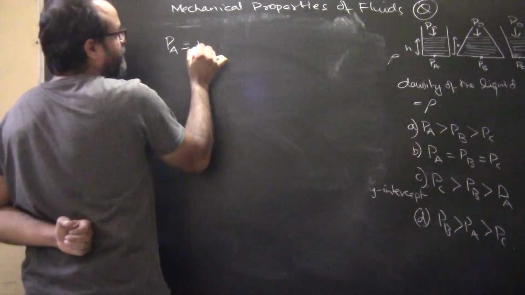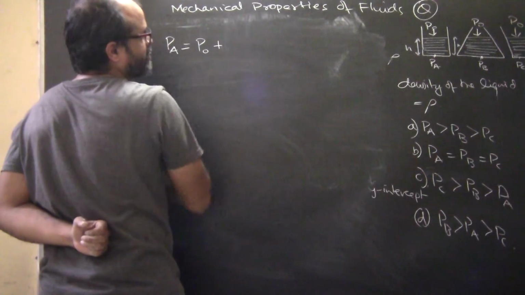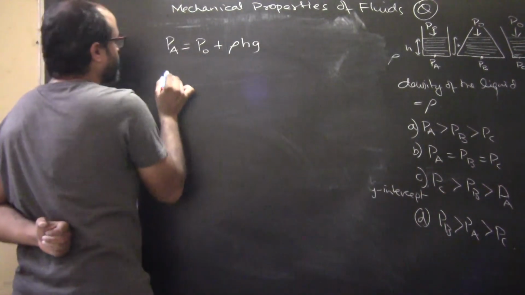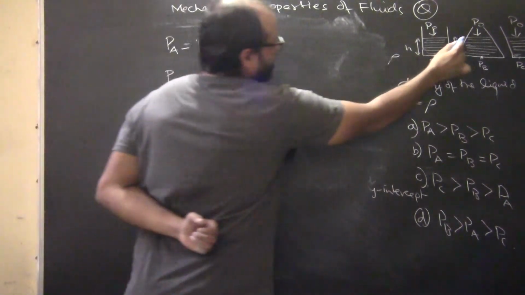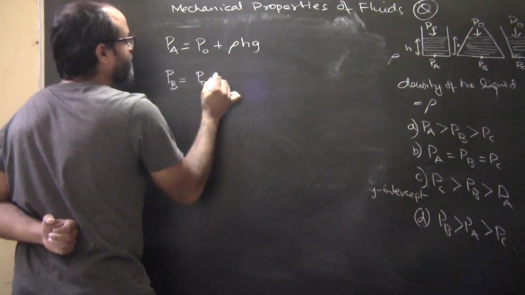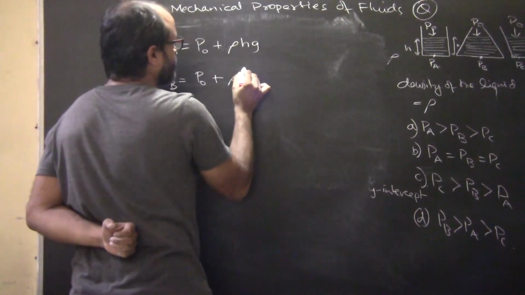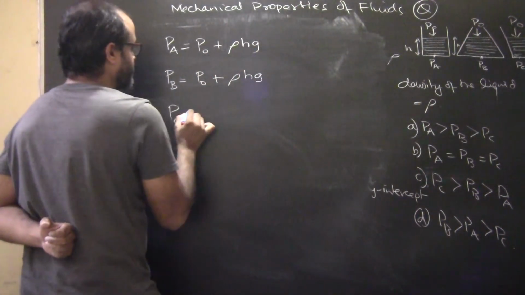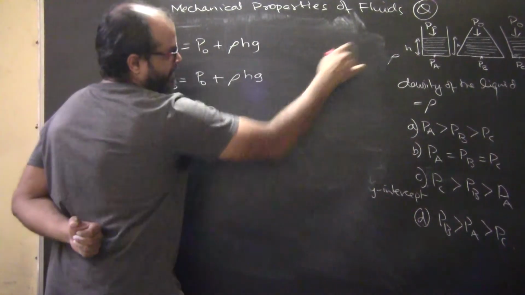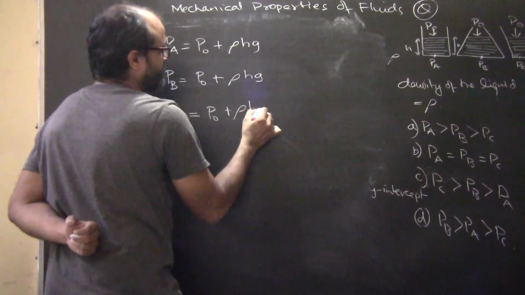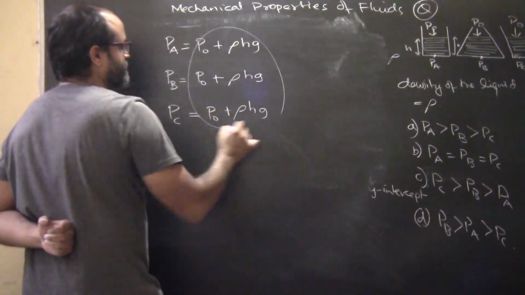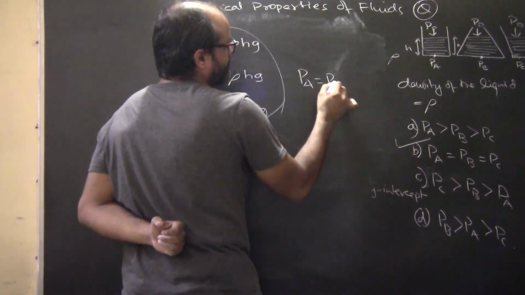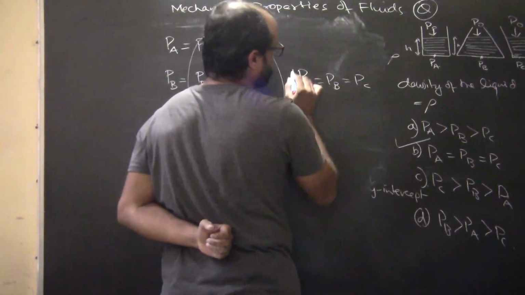So pressure at A will be equal to atmospheric pressure plus rho h g. Pressure at B will again be atmospheric pressure plus rho h g. Pressure at C is atmospheric pressure plus rho h g. If you look, all these are the same, so this option would be correct: pressure at A is equal to pressure at B is equal to pressure at C.